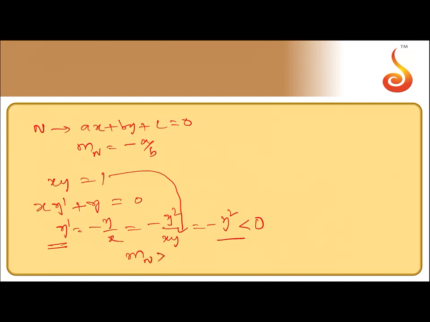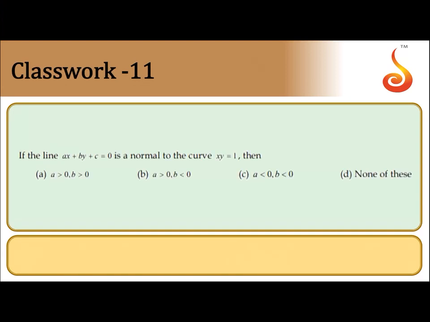The slope of normal is positive means minus a by b is positive. It means a by b is negative. That means a and b will have opposite signs. Therefore answer is b.